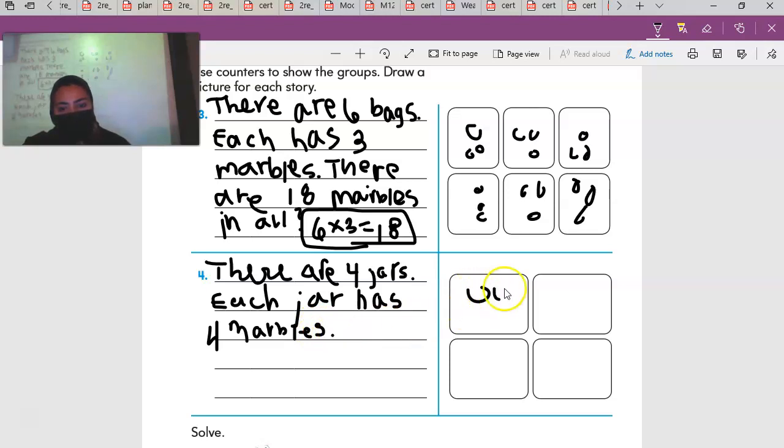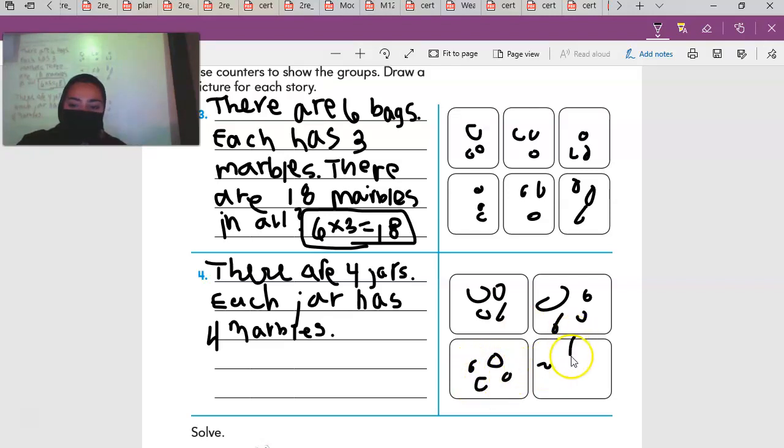Let's see how many. 1, 2, 3, 4. 1, 2, 3, 4. Oh, my fingers are cramping. 1, 2, 3, 4. 1, 2, 3, 4. So how many are there in all? Anyone? Can anyone help me? Yeah, 16. Okay, very good. Thank you. There are 16 marbles in all.